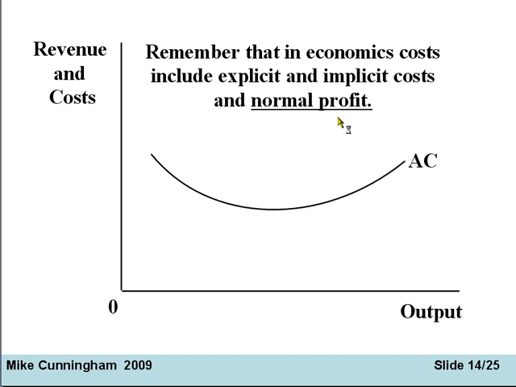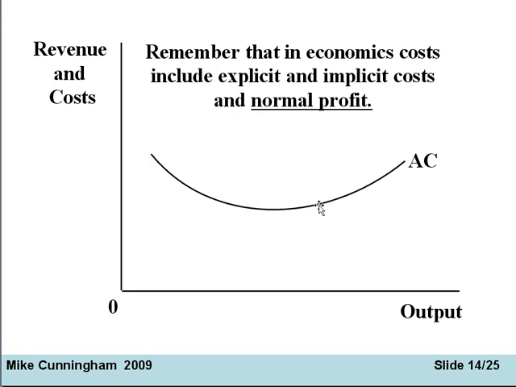Companies go into business to make profit. If they can get 5% return in a bank, let's pretend, and they're going to get 5% by investing in this business, why invest in the business? Why not put the money in the bank and relax and have an easy life? So they must make something over and above what they would have got had they put the money into the bank.